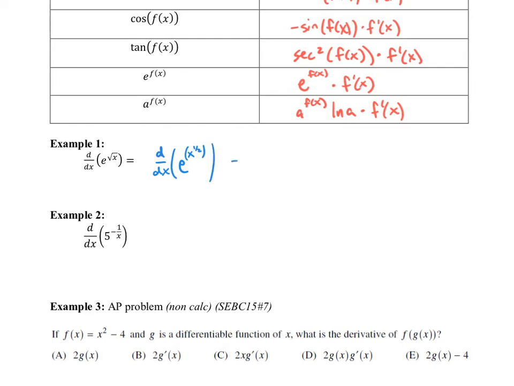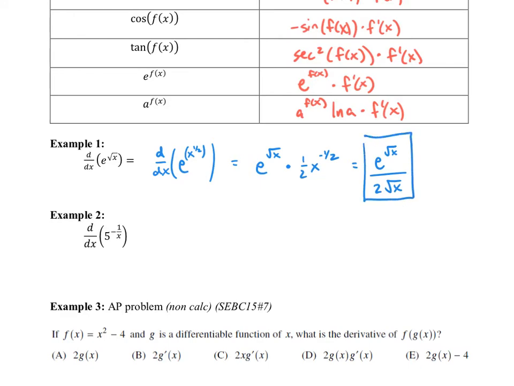But either way, we get the derivative of e, which is going to be e to the power of the square root of x, and then we take the derivative of x to the 1/2, which is 1/2 x to the negative 1/2, and you could, if you wanted to, rewrite this as e to the power of the square root of x divided by 2 root x.